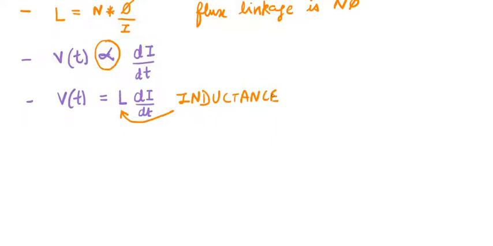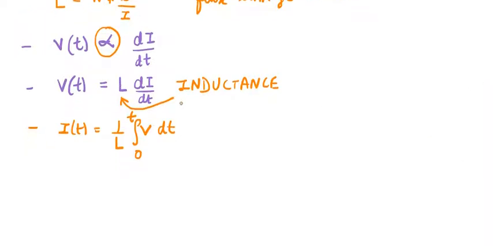And if we take an equation in terms of current, that means I at any time t is equal to 1 upon L into integration of V, voltage, with respect to time dt, and the limits are from 0 to t. It is in time domain.